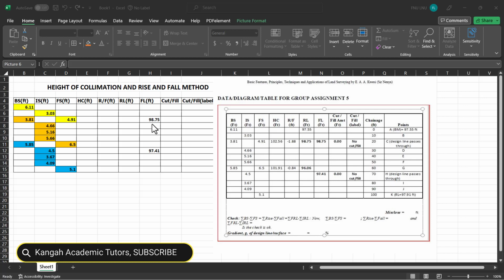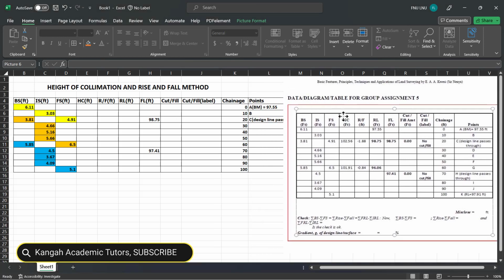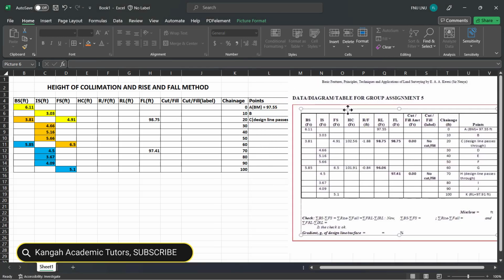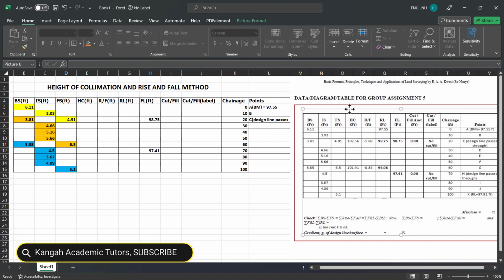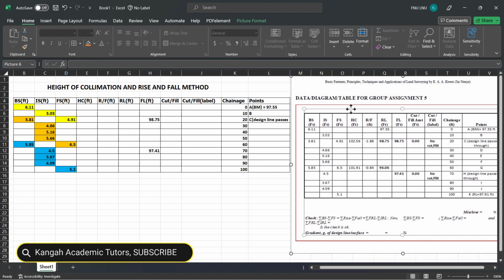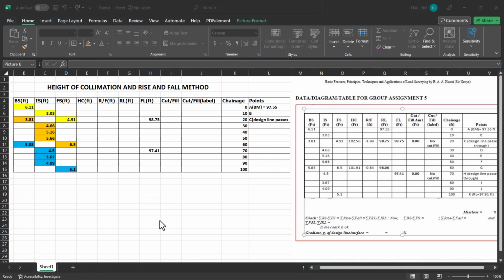So you are not going to compute the finished levels. When the finished level of a particular chainage is given to you, that's where you'll be asked to find the cut and fill of that section.